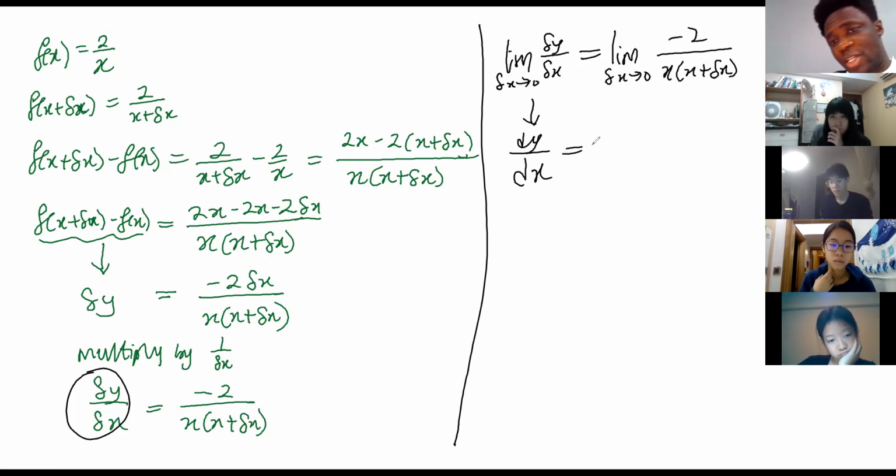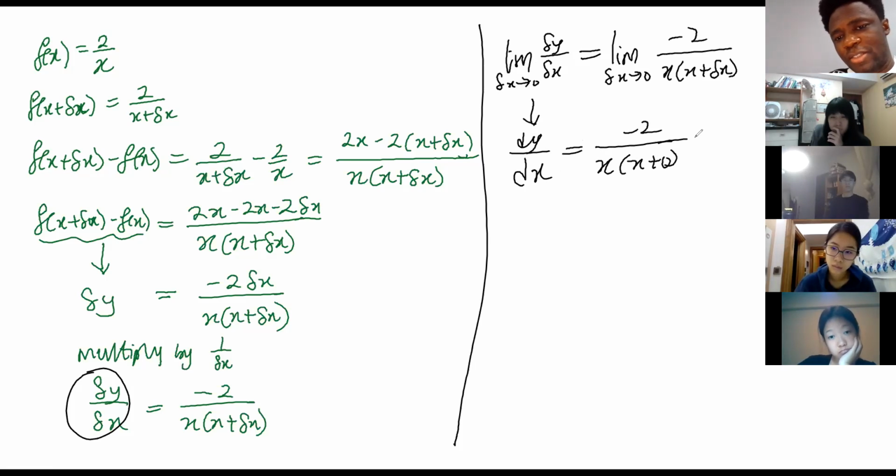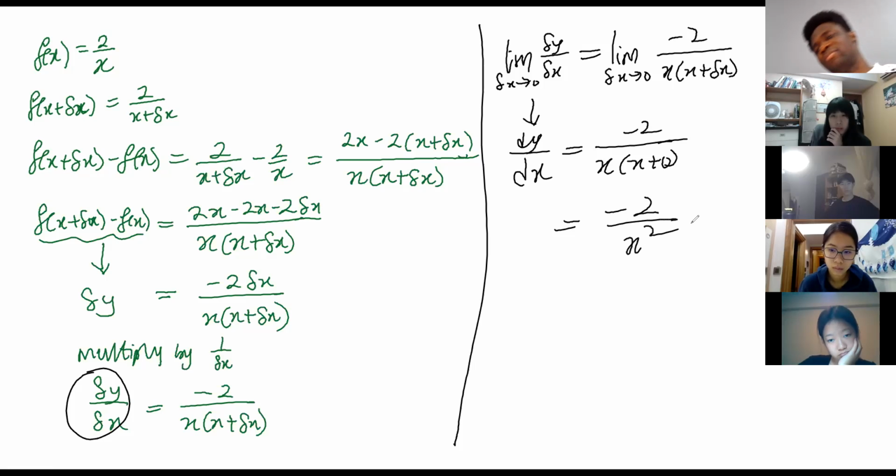Of course, because this limit exists, we have x plus 0, -2. Can you see that? Then your dy dx is simply -2 over x squared.